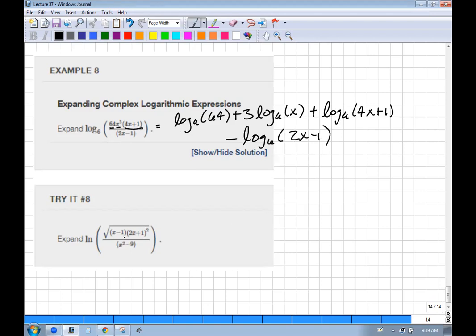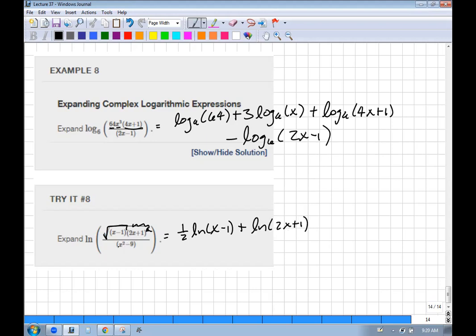This thing over here, notice we have the square root of this. The square root of an x squared, those undo one another. So for the first thing, this is a 1/2 as an exponent. And then the 2x plus 1.